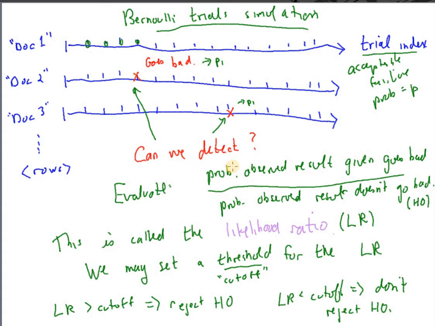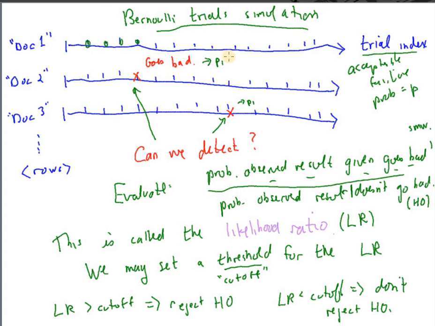So we want to compare the probability of what we see, the observed result, given that it goes bad somewhere. And we take the ratio of that with the probability of the observed result given that he doesn't go bad. Okay, so there are two options.